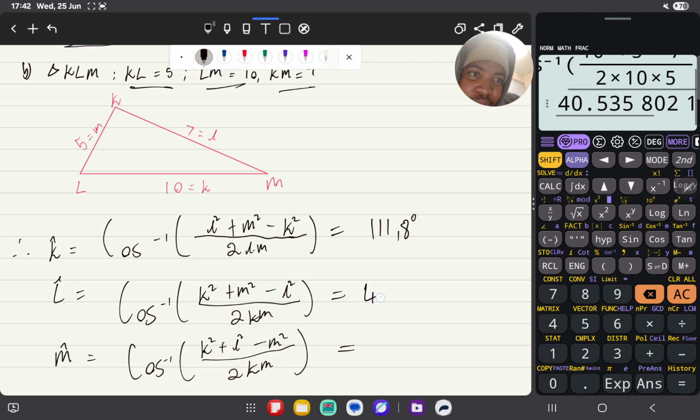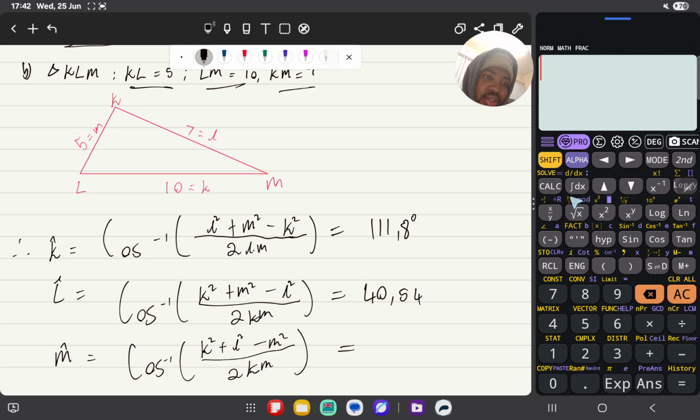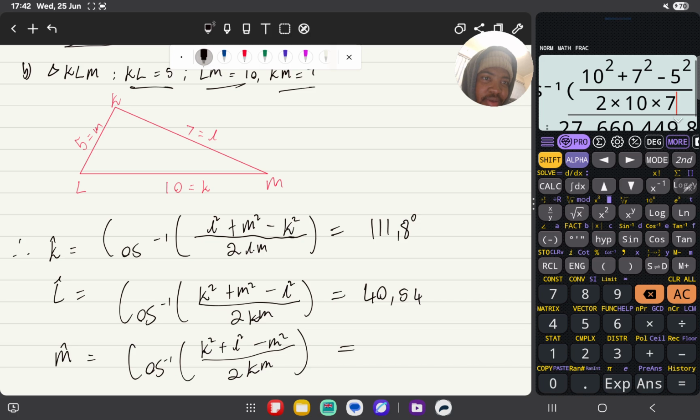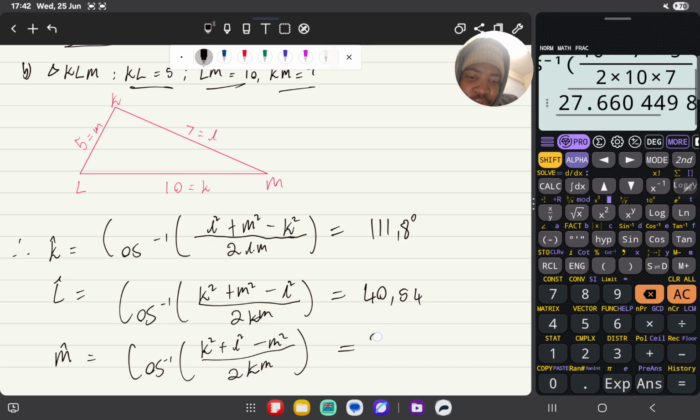We have 40.54, right? And let's do the last one. Cos, okay, this is 10 squared plus 7 squared minus 5 squared, and then 2 times 10 times 7, right? We end up with 27.66 degrees. I forgot the degrees here.